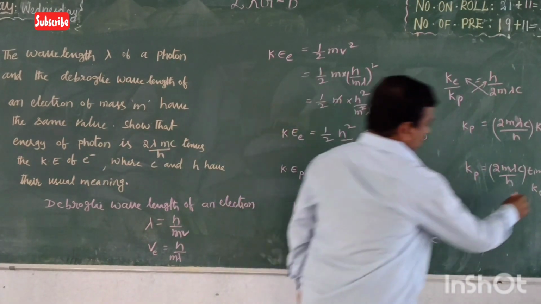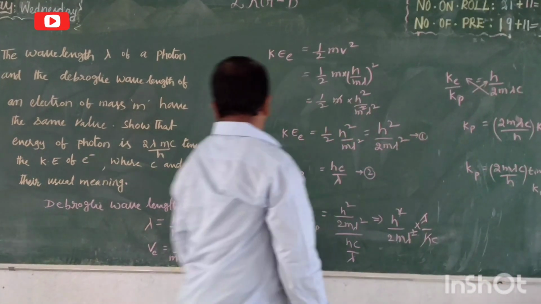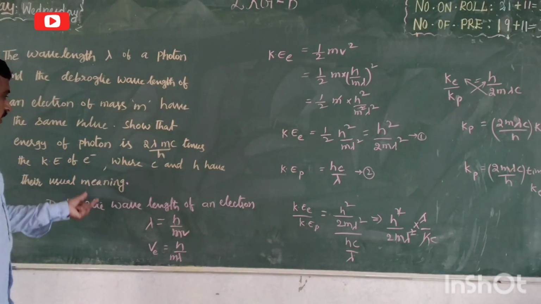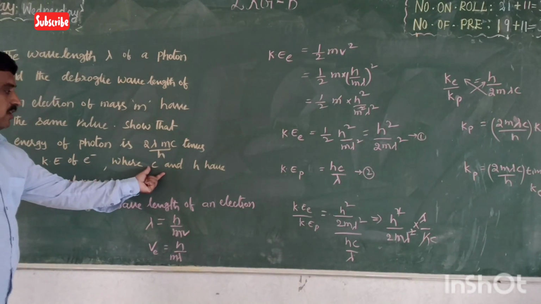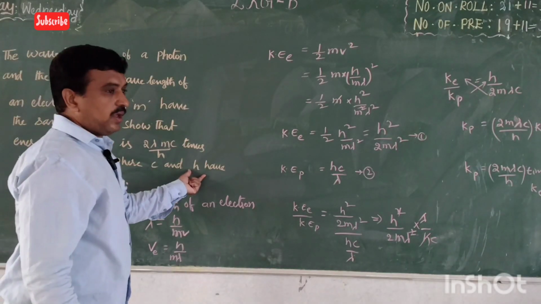This is what we had to show. Here c means the speed of light and h means Planck's constant.